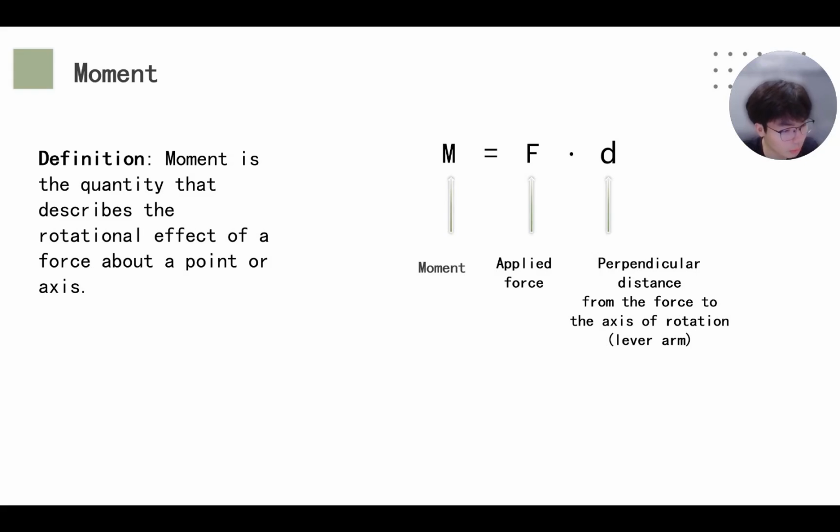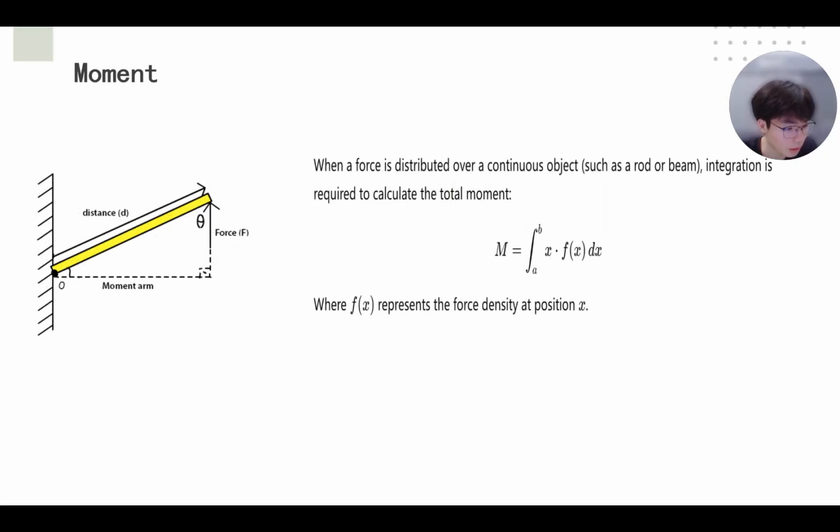F is the applied force and d is the lever arm. However, when the force is distributed across a continuous object like a rod or beam, we need to use integration to calculate the total moment. The formula is the integral from a to b of x times f(x) dx.